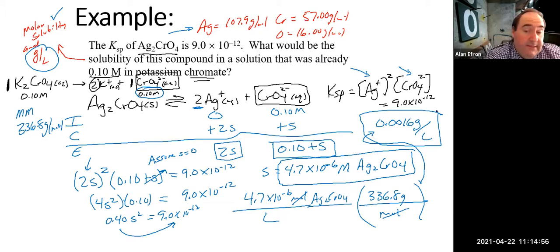That obviously is not a lot either. That means, again, in this solution, you could get 0.0016 grams to dissolve in 1,000 milliliters of water. Again, the presence of that common ion is going to decrease the solubility from where it was with water. Question on that calculation there?